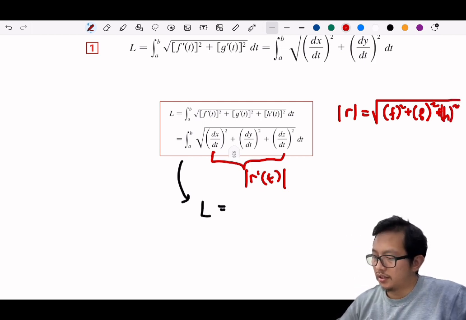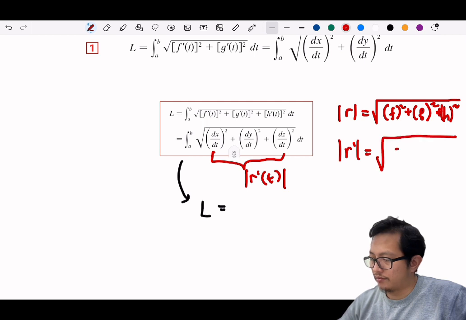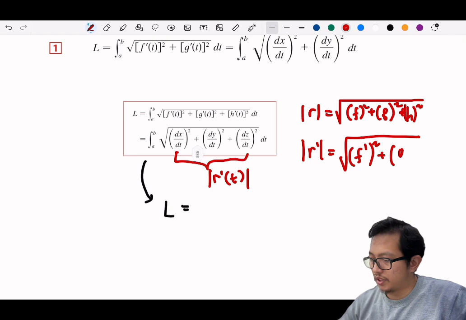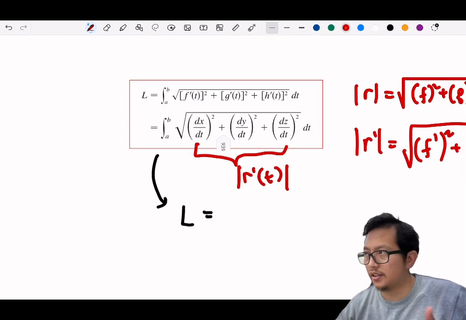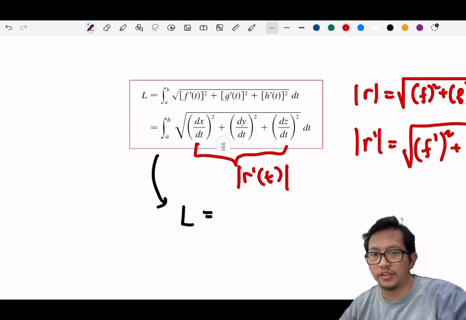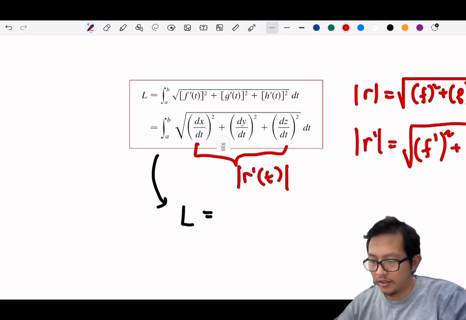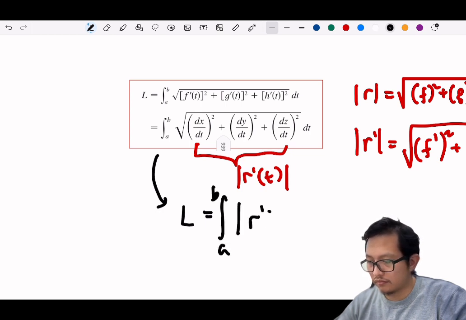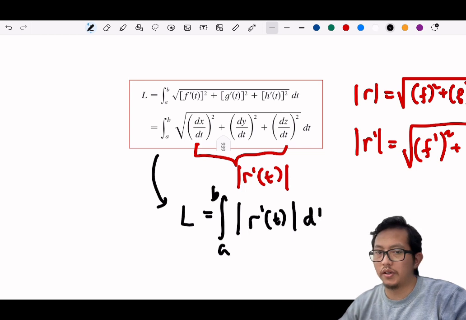So basically for r prime, this will be f prime squared plus g prime squared plus h prime squared. Same thing. We can write it in terms of dx dt, dy dt, and dz dt, a better and cleaner writing.